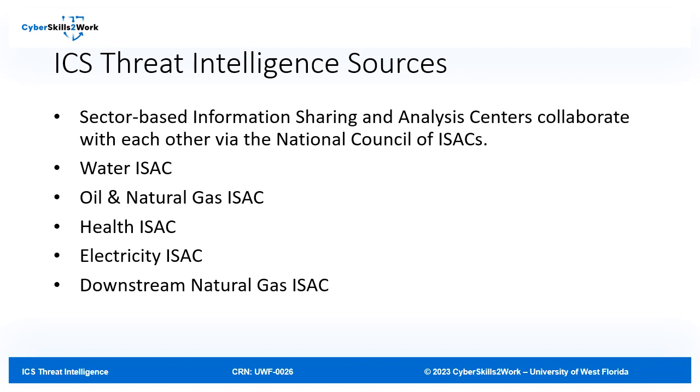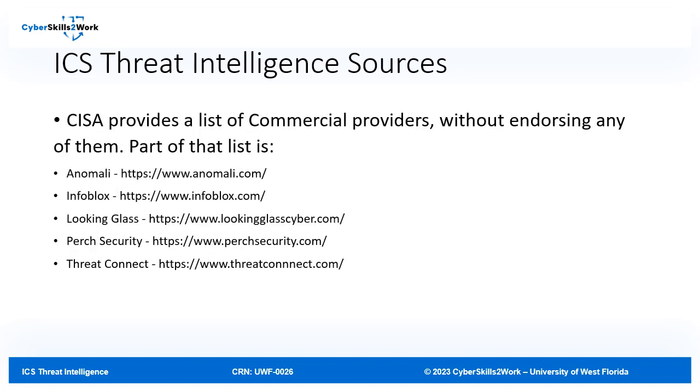A few of the pertinent ISACs that involve industrial control systems are listed in the slide. There are others that may also be pertinent. Those listed are water, oil and natural gas, health, electricity, and downstream natural gas. CISA provides a list of commercial providers without endorsing any of them. Part of that list is Anomali, Infoblox, LookingGlass, Perch Security, and ThreatConnect.